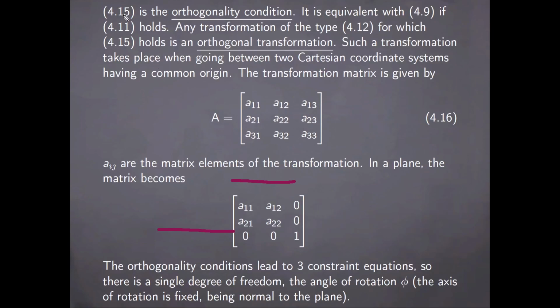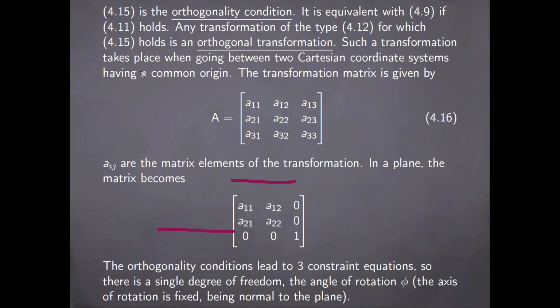This is known as the orthogonality condition. It is equivalent with equation 4.9 if 4.11 holds. And any transformation of the type 4.12, for which 4.15 holds, is called an orthogonal transformation.